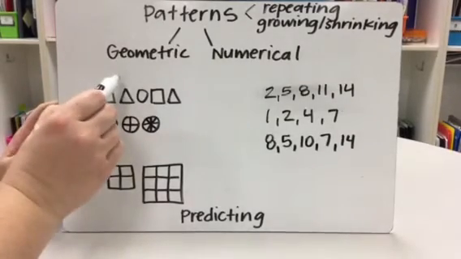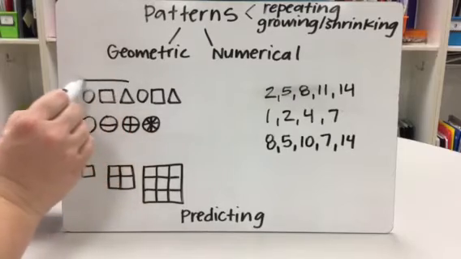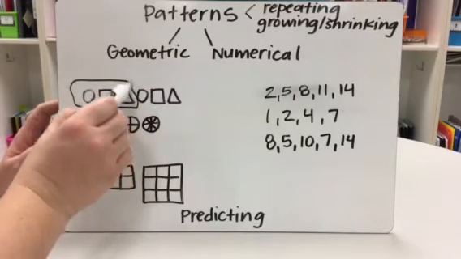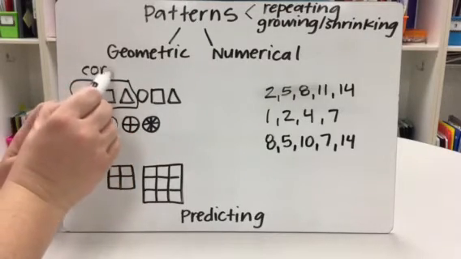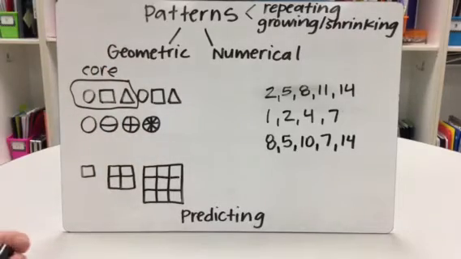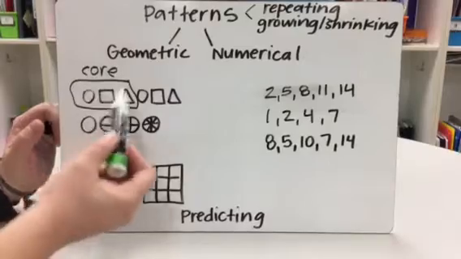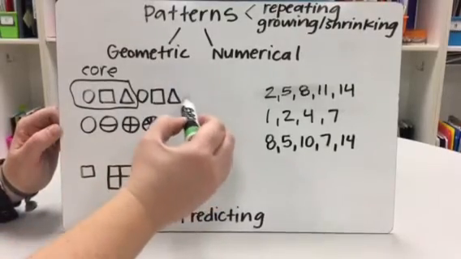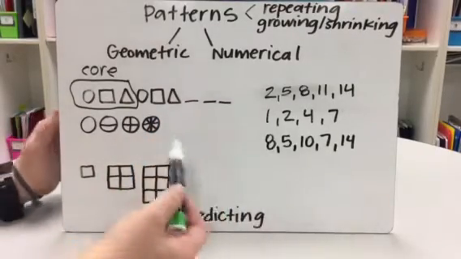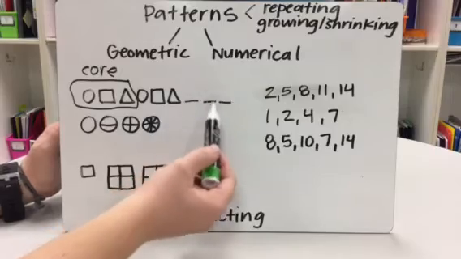And in a repeating pattern, there's a core. This is considered our core, and the core is just, again, what keeps getting repeated. You can then use the core to help you predict what is going to come next, circle, square, triangle.